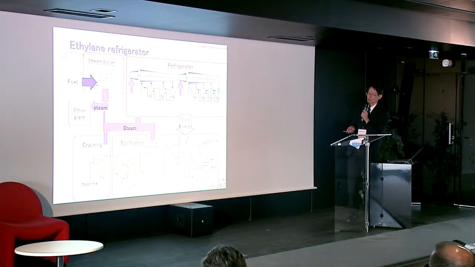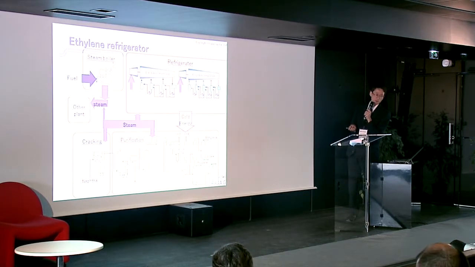Next one is the ethylene refrigerating system. This system is inside the petrochemical complex. They separate hydrogen, methane, ethylene, etc. using a distillation system, and cold energy is supplied by a refrigerator, ethylene compressor, and propylene compressor. Power source is steam.